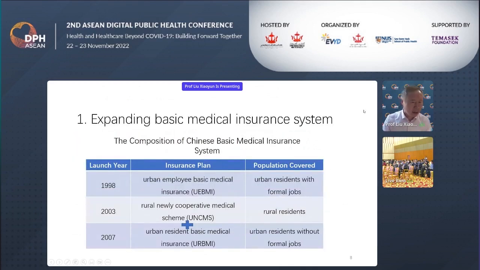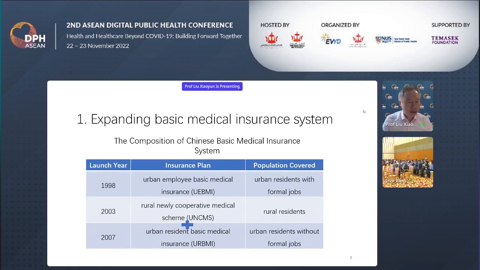So in the health insurance system, as I just mentioned, China developed three independent and interconnected health insurance schemes. In the year of 1998, we started an urban employee-based medical insurance scheme to cover the urban residents who had formal jobs, which is still running now.